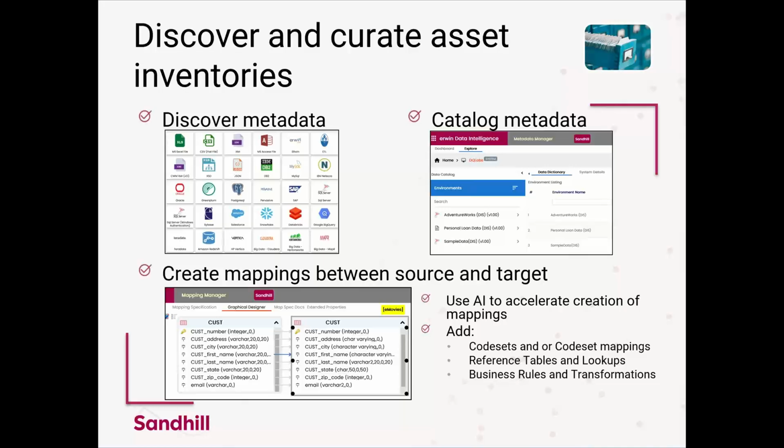It looks at any other sources that might be there, which are catalogued. So it might look at the logical names of fields, the physical names, the actual names of the column fields, and it may even look at other metadata, for example from business terms, to help it understand what that piece of data could possibly be.